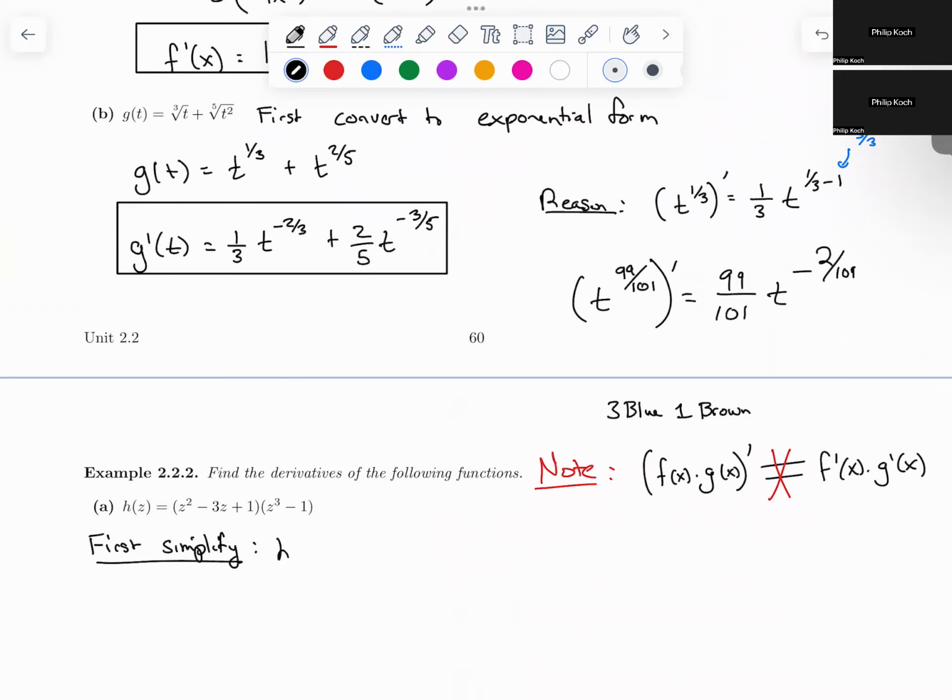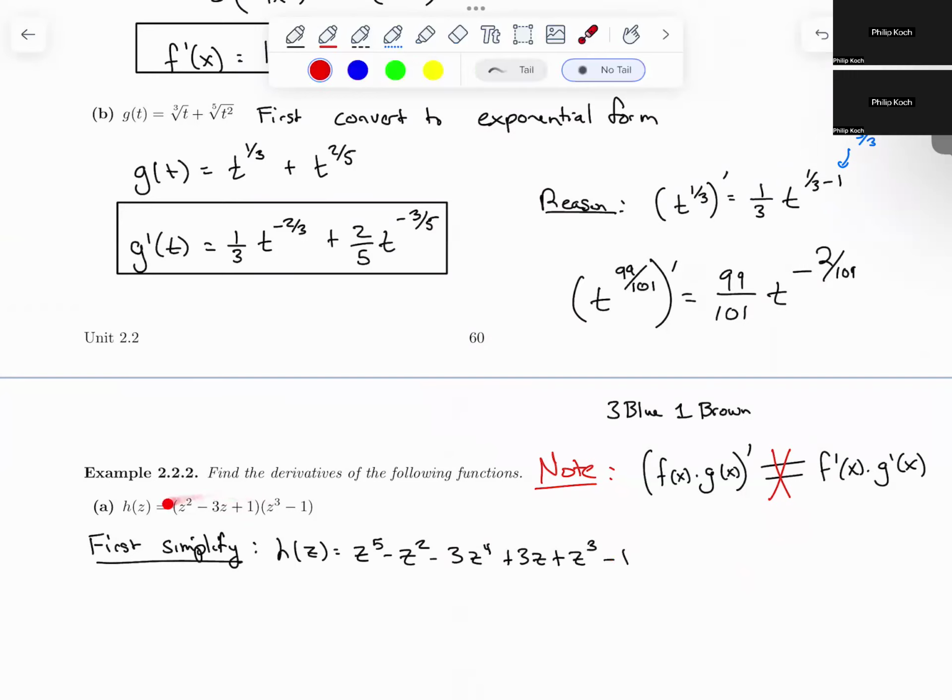So h of z will then be z to the 5th minus z squared minus 3z to the 4th plus 3z plus z cubed minus 1, when I distribute that in.